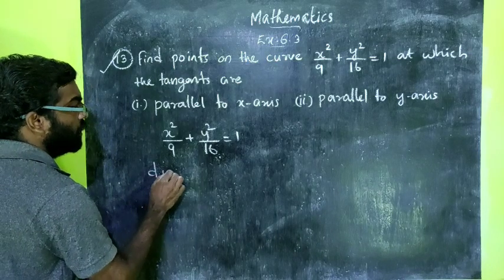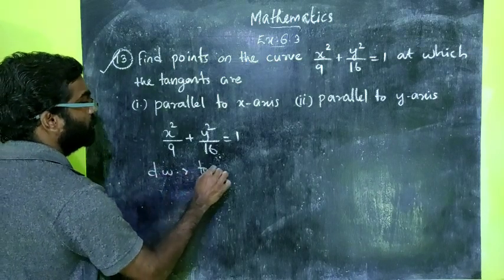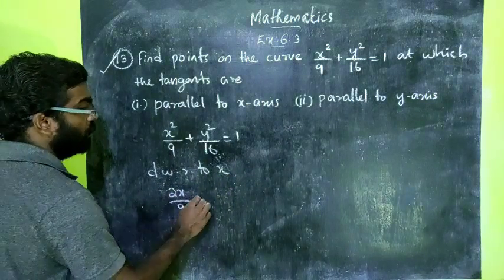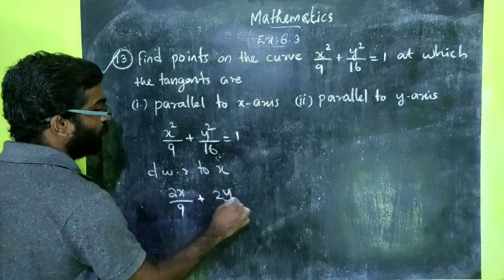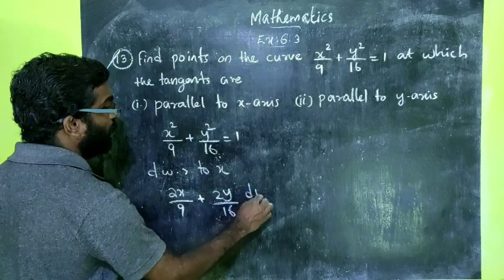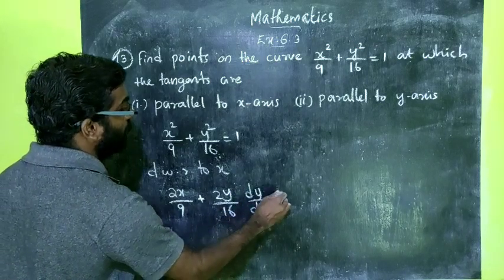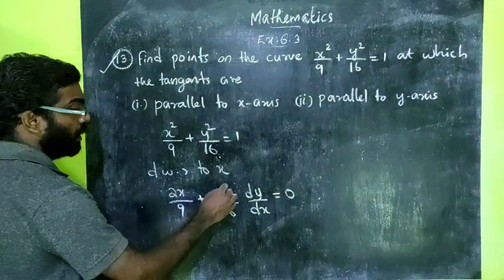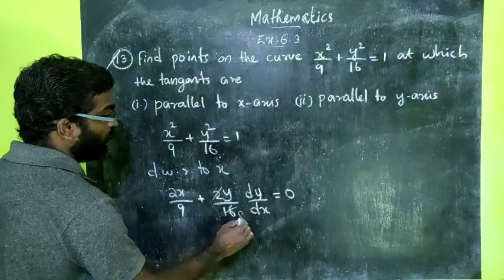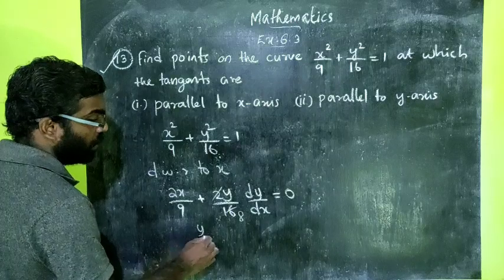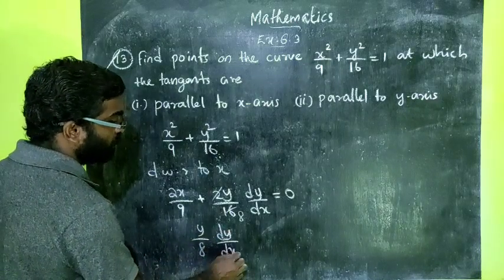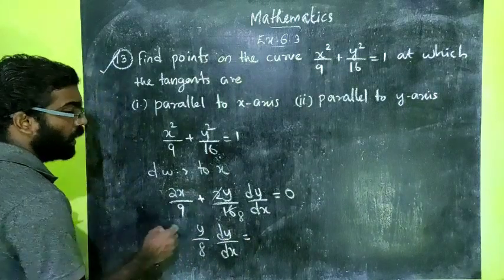We can differentiate with respect to x. 2x by 9 plus 2y by 16 into dy by dx is equal to the derivative of 1, which is 0. Here we can cancel this 2 and 16, we get 8. So y by 8 dy by dx is equal to 2x by 9.